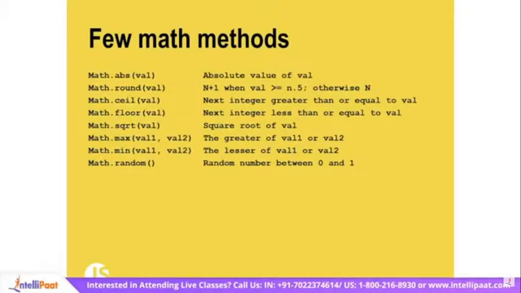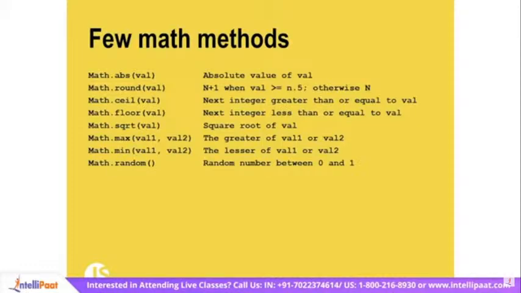And then you also have square root. You can find a square root of a number, and if you pass in several values, you want to find what is the max of these two values, which one is more. So you can use max. Okay, so if you have 5 and 6, which is the max? 6, right? But see, that's something that you can logically tell.